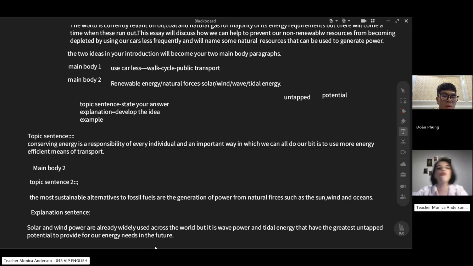I repeated the main ideas again, maybe with some new words or synonyms. Get it?